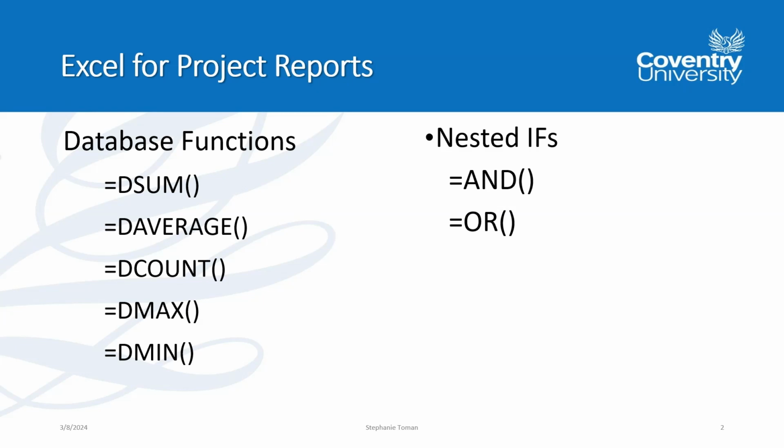Also, there's an area for nested IFs with the AND and the OR, and I popped in an extra folder on how to build IFs if you're not sure how they work, and also how to build nested VLOOKUPs. A couple of examples of that are in a folder called extra. So hopefully you'll enjoy this, and it will help with sorting your data out for your project as you wish it to be.